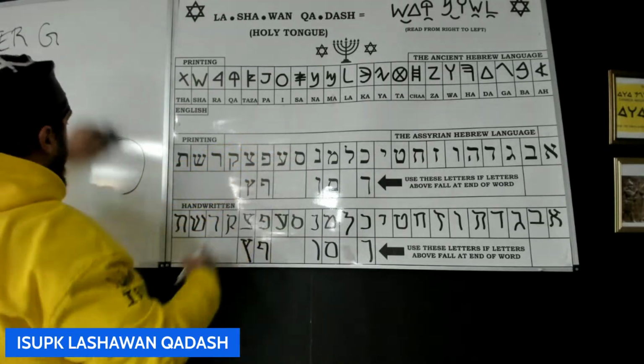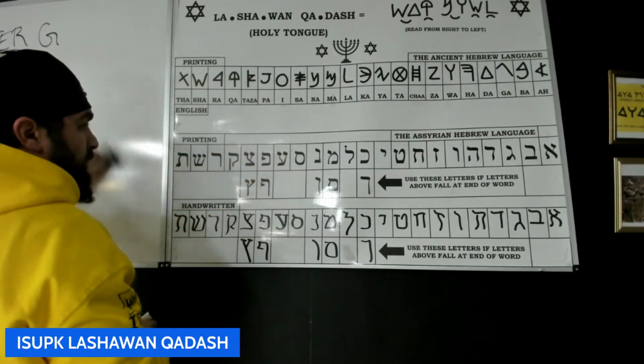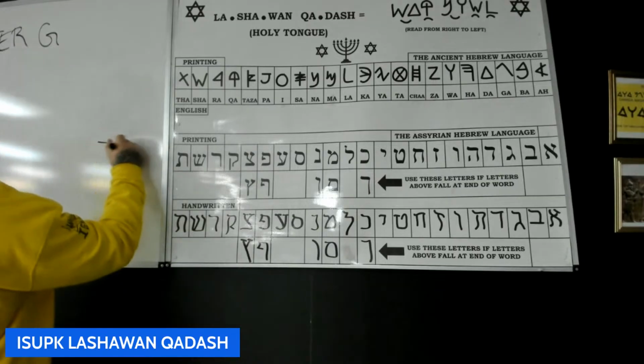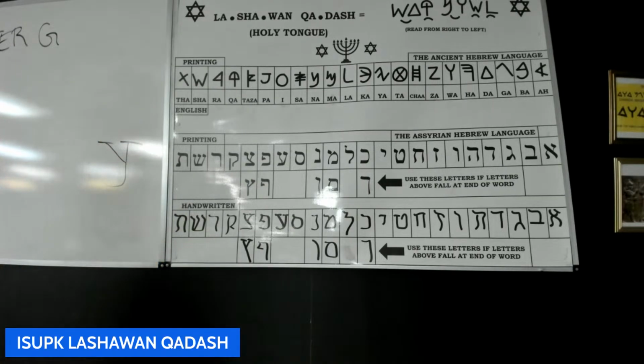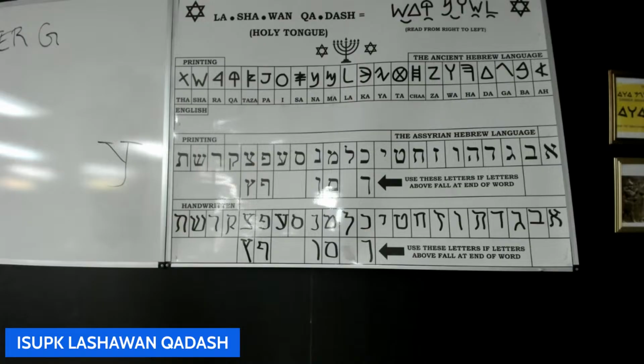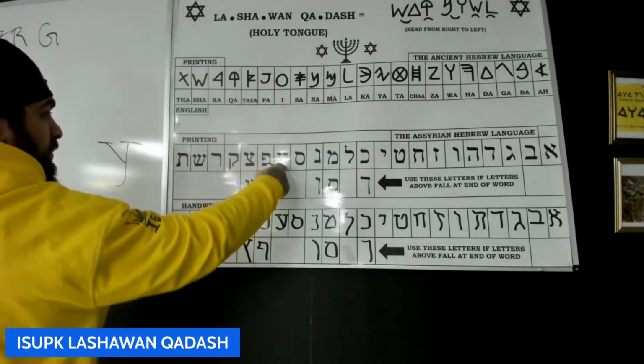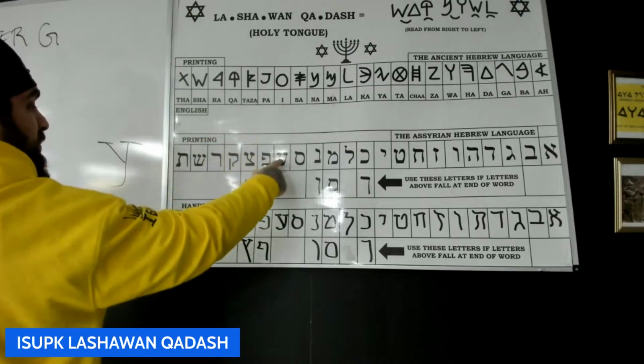Next one we've got is I. Same thing like this. This is the I in Assyrian.